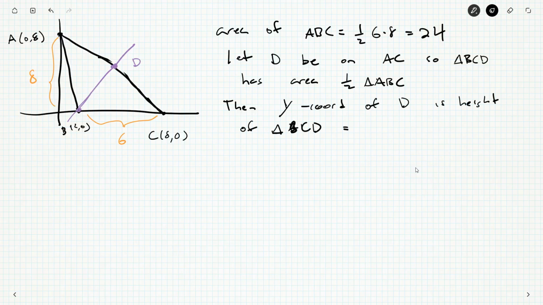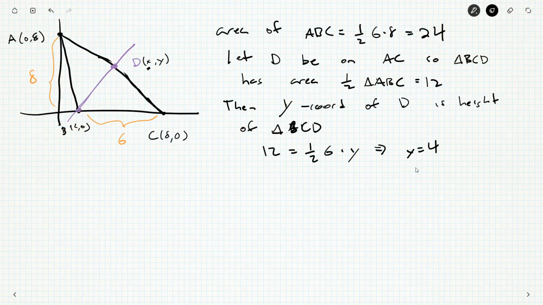If I want half of ABC for the area, that's going to be an area of 12. D is going to be x comma y. We have 12 is 1/2 base times height, and rearranging that, y is going to have to be equal to 4. Okay, so y is equal to 4.